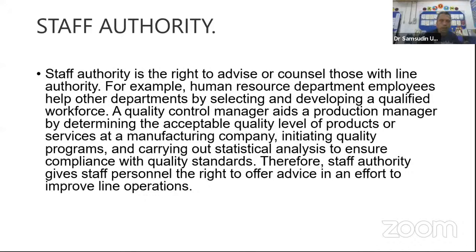Staff authority is the right to advise or counsel those with line authority. Sometimes, like I mentioned just now about the work procedure, line authority has the main activities, the main objective, the main goal, the main aim.